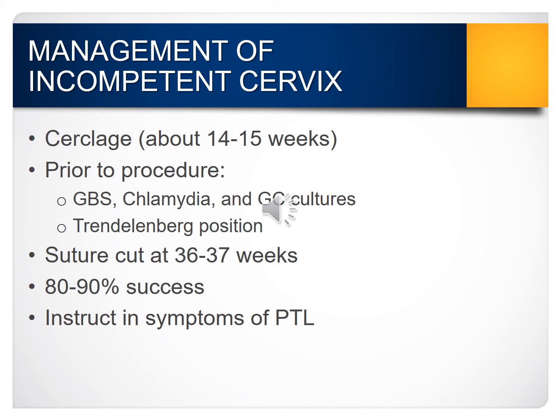And then if the stitch holds, it's usually cut around 36, 37 weeks. Again, 37 weeks is term, and there is a high success rate of anywhere between 80 to 90% with a cerclage.